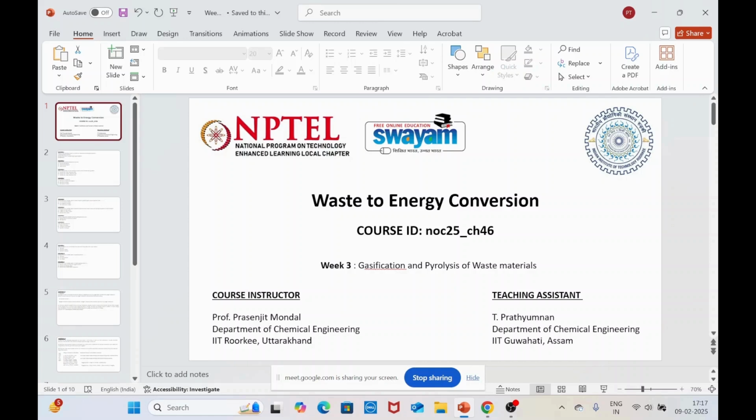However, in the entrained bed reactor, the syngas quality is more superior. By superior, I mean no tar is present, and methane, that is CH4, is also present in very minimal quantity. This is one of the major differences when you do gasification in fixed bed, fluidized bed, and entrained bed reactors.